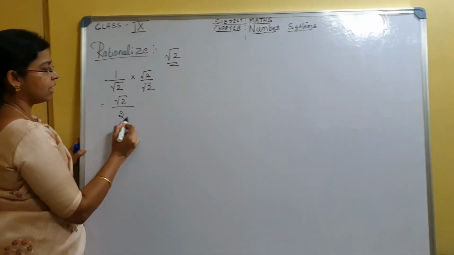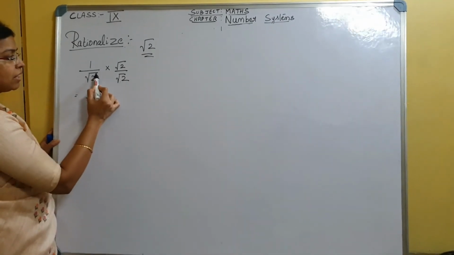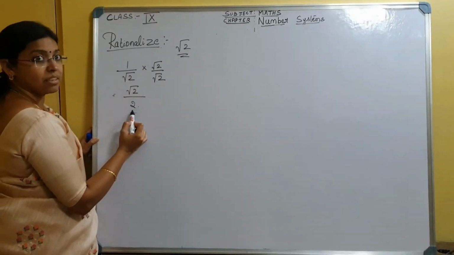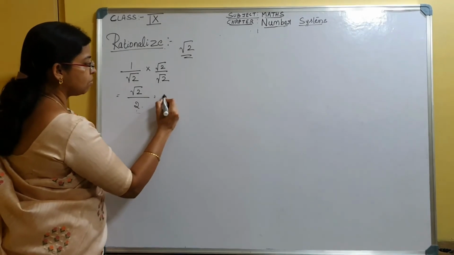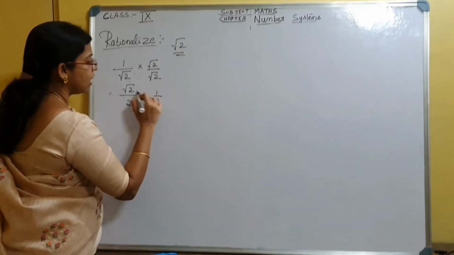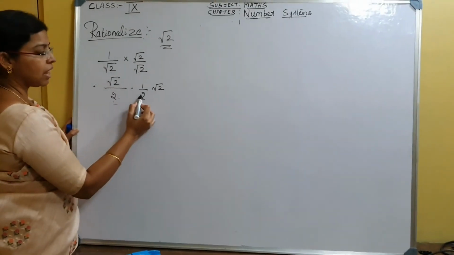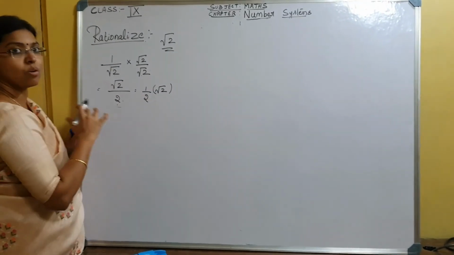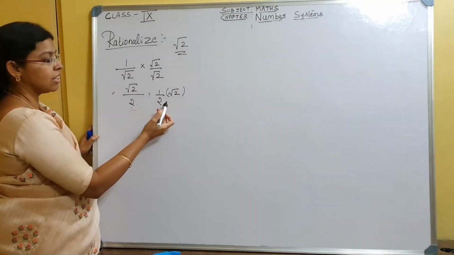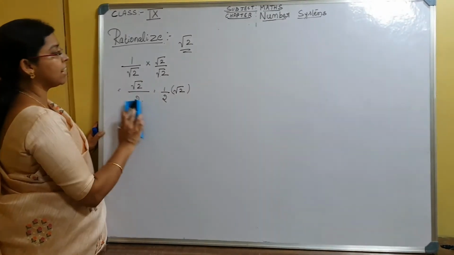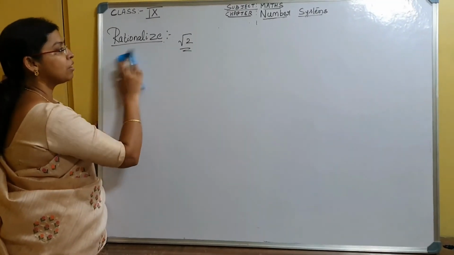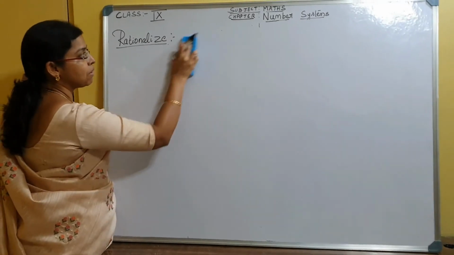We have converted the irrational denominator to a rational denominator. So this is nothing but half of root 2, root 2 by 2. On the number line we can represent this easily. Therefore, we rationalize the denominator if we have an irrational number in the denominator.